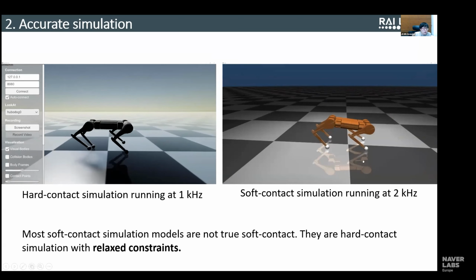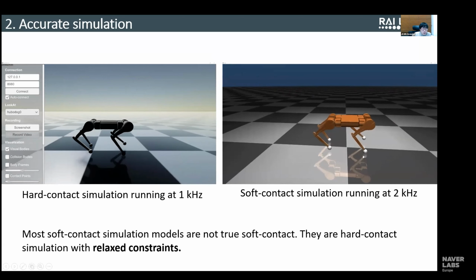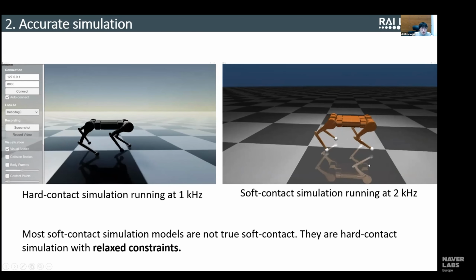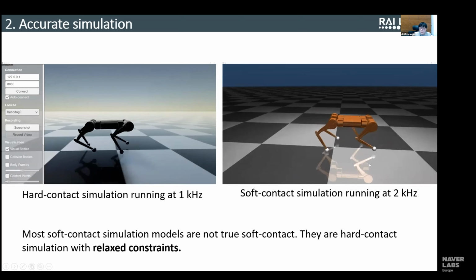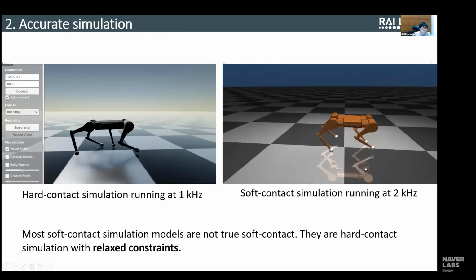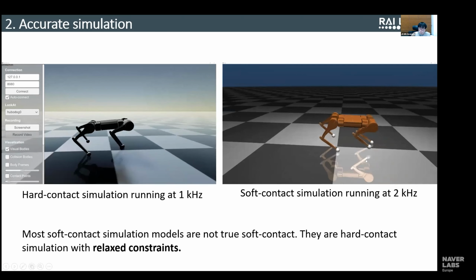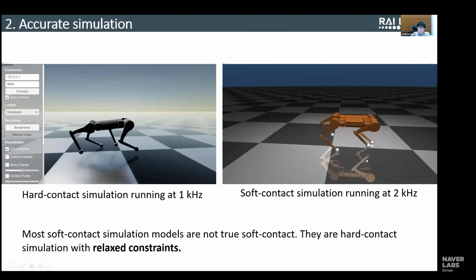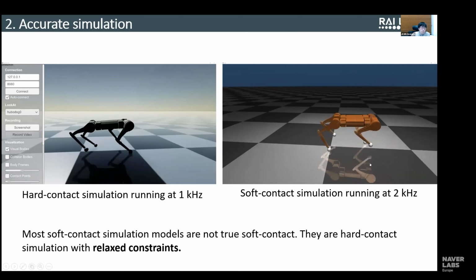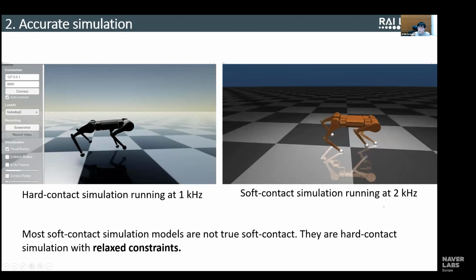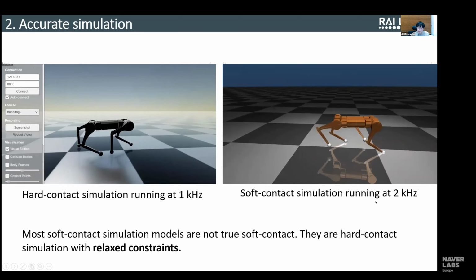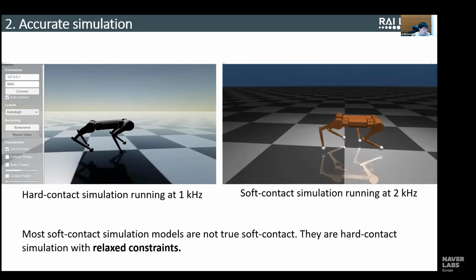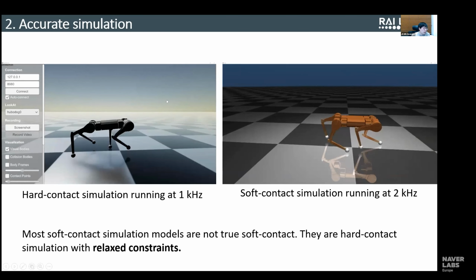On the right, you see the feet penetrate the ground. Of course, this is not realistic. You can tune the parameters of the simulation to make it look better, but then you have to tune this for every robot you try. And if you have multiple robots, you can imagine that this is a combinatorial problem, right? So that's not the proper solution.